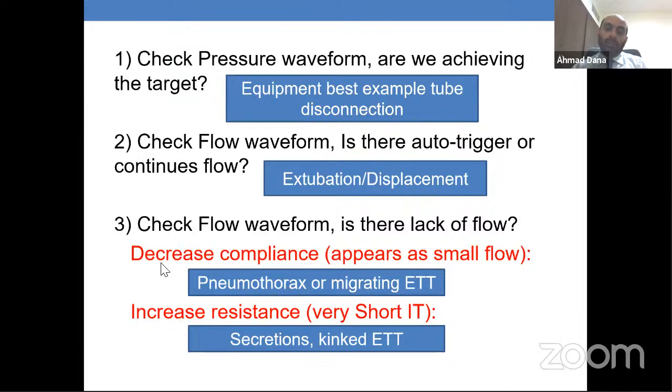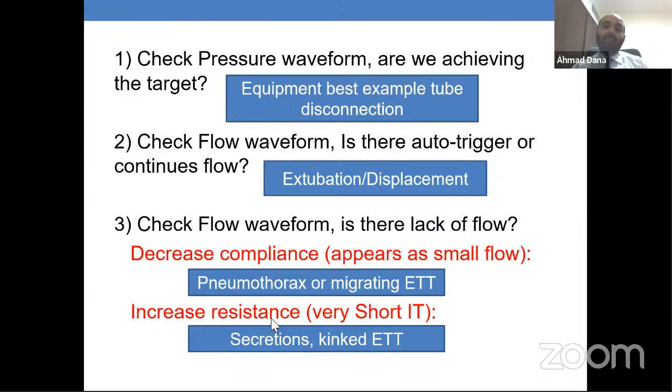So either there is sudden decrease in the compliance, either it is pneumothorax, so there is something pressurizing, you are not able to open up the lung, or there is a migrating ET tube. So the ET tube is going to one lung. Okay, so this is a problem with the compliance. It will cause lack of flow.